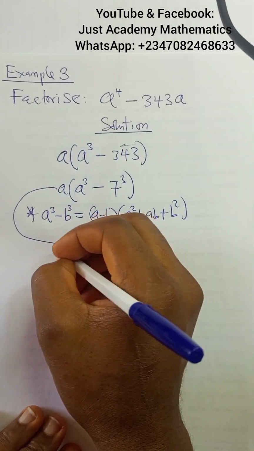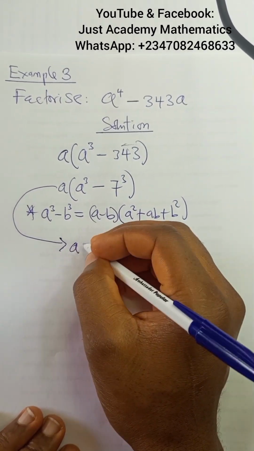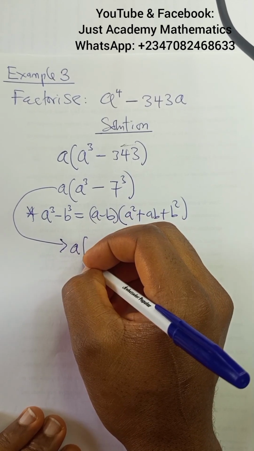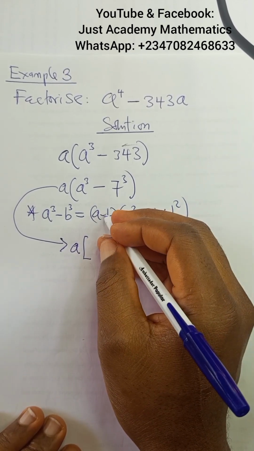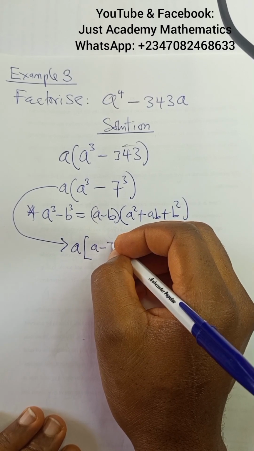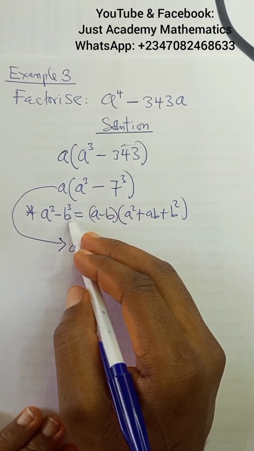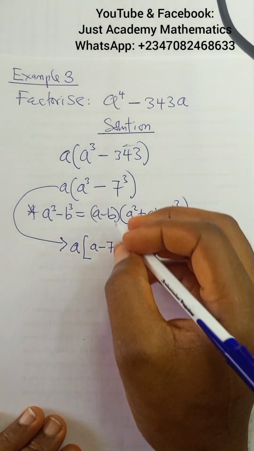So let's move on. If we apply this here, we'll have that A bracket, what's this? A minus B. A minus 7. Because this A is this, B is 7 now. Anywhere you see B, just put 7.